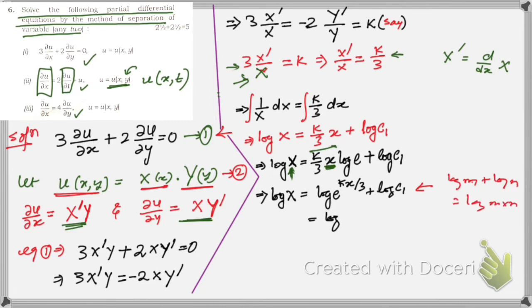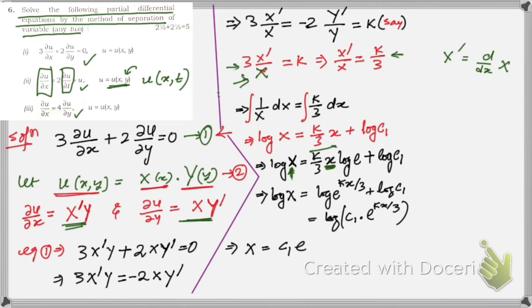If you apply that rule, you will get this. Now removing log from both sides, capital X is equal to c1 e to the power kx by 3. That's what you will get.